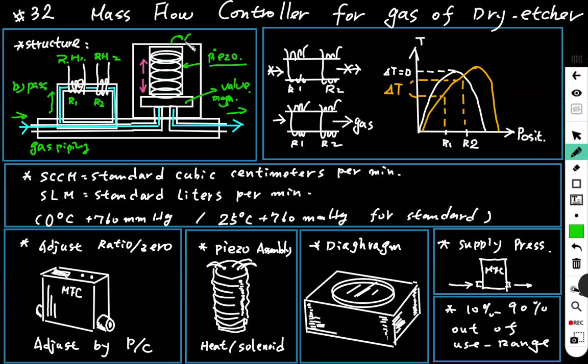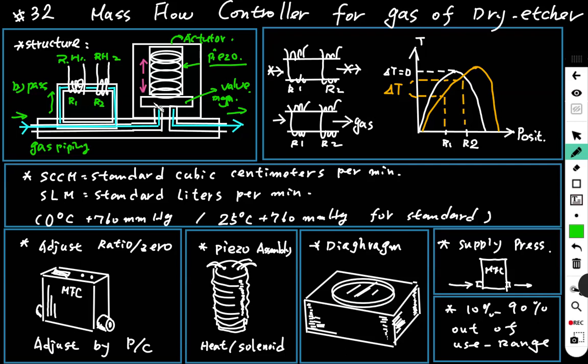This etcher acts to move the valve up and down. Up is open, letting the gas flow; up more opens wider to let more gas flow. Down reduces the gas flow, and down to the bottom stops the gas, just like this.